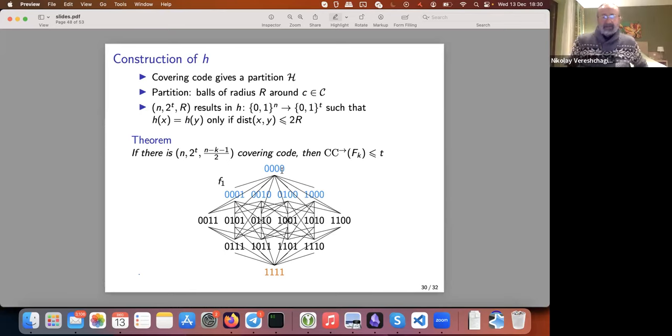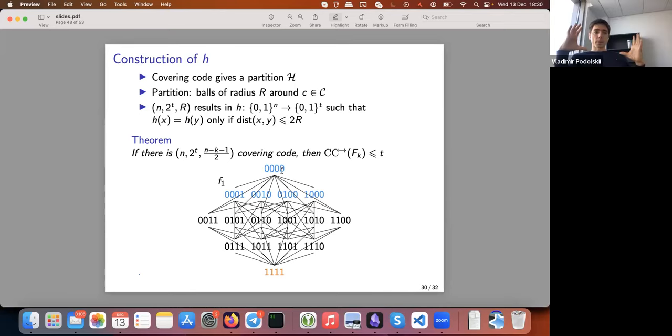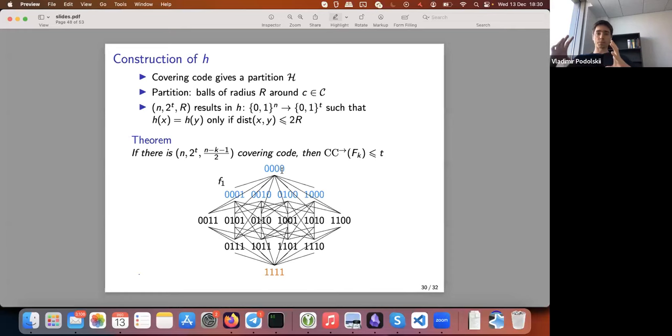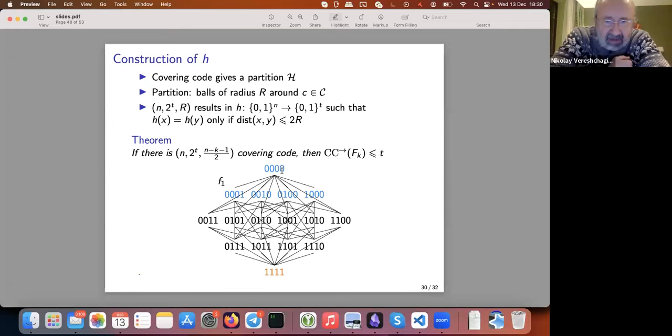Yes. So using that, Bob can shift this ball by y, and then he will know that x plus y is inside of some ball and he knows this ball. And now we can observe that this ball cannot intersect both points where we output zeros and points where we output ones, because they are too far away.